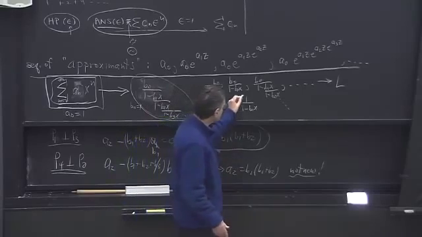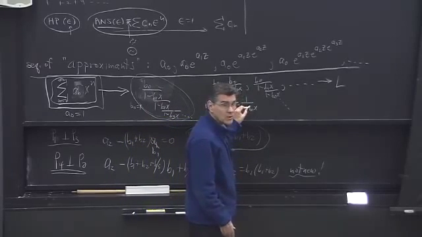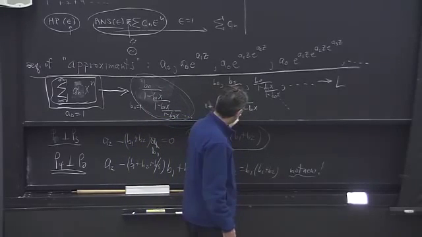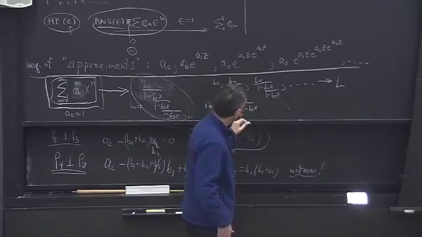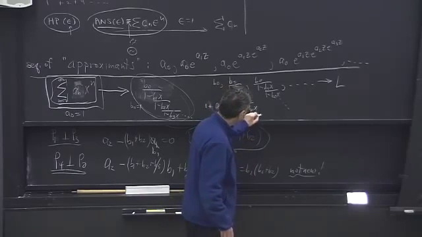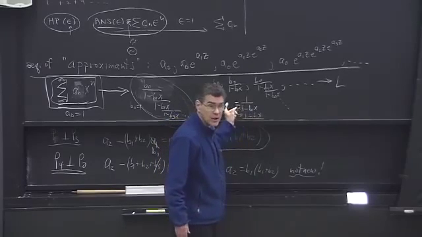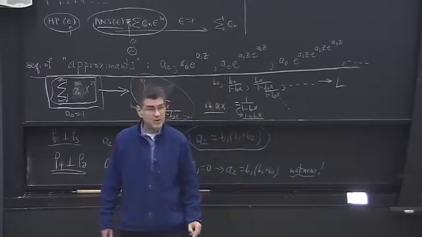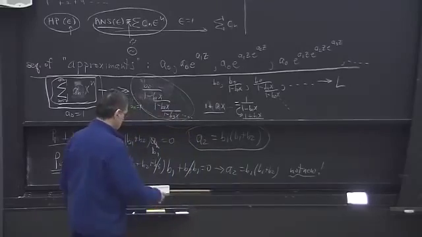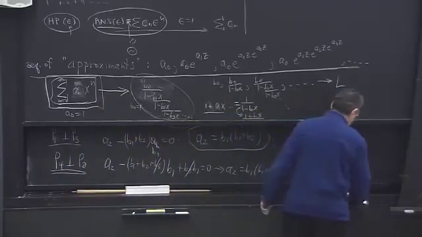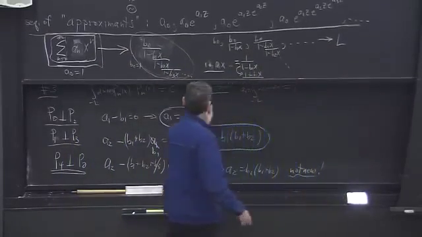And now if you expand this in a Taylor series, what do you get? 1 plus B1x. And now when you set this equal to this, you learn that A1 equals B1. And that's precisely the first of our formulas. That's this formula here. Okay?